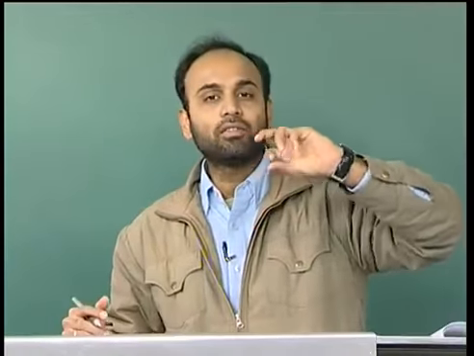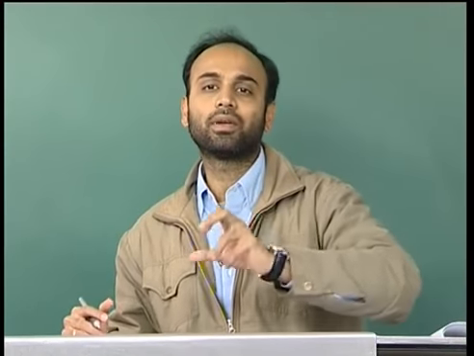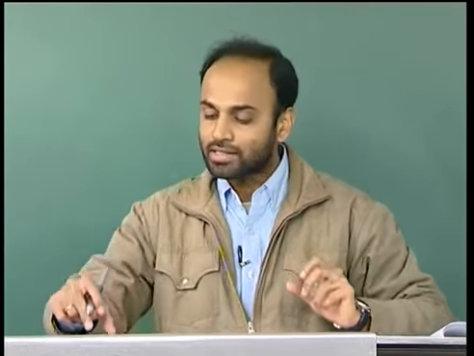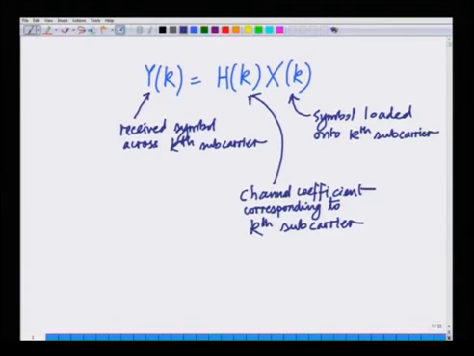So each symbol can be thought of as existing in the frequency domain and as being loaded onto the kth subcarrier. We are taking the IFFT and converting these symbols from the frequency domain into the time domain. That's a simplistic way to look at it. So xk is nothing but the symbol that is loaded onto the kth subcarrier. These are the digitally modulated symbols, BPSK, QPSK modulated symbols.